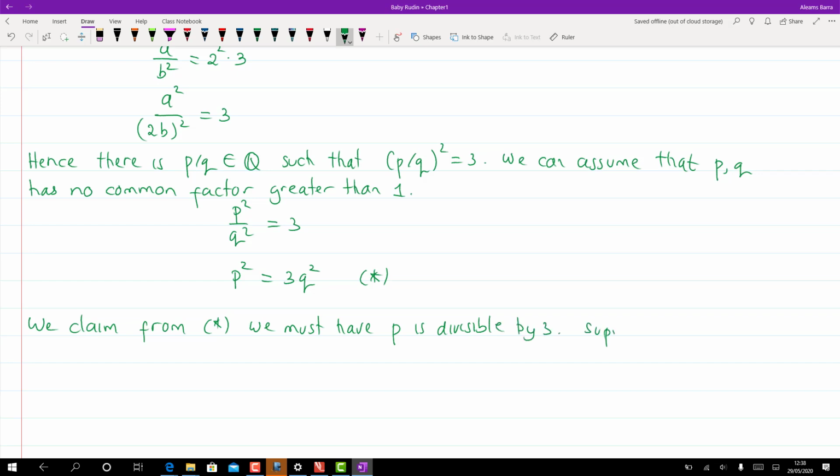Suppose not. If p is not divisible by 3, then when we divide p by 3, it has a remainder, and the remainder can be either 1 or 2. Then p is equal to 3 times something plus 1, or p is equal to 3 times something plus 2.